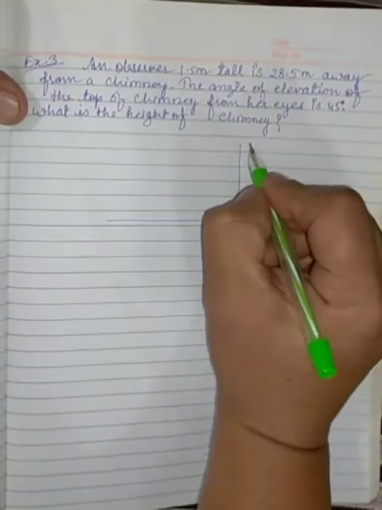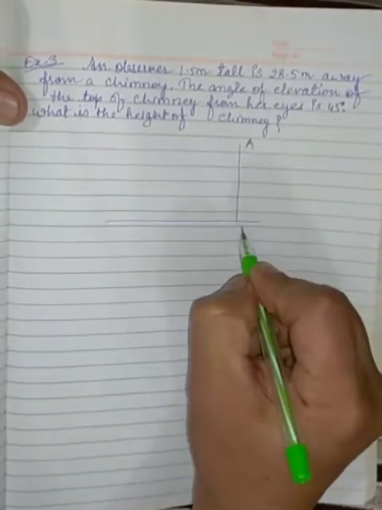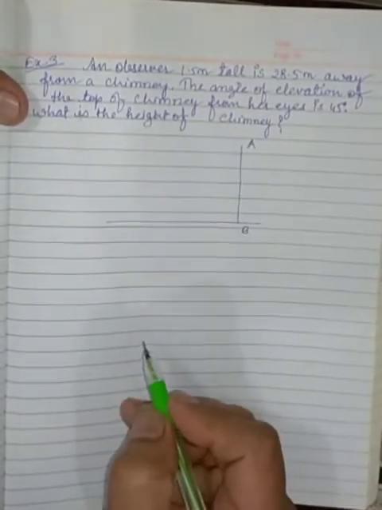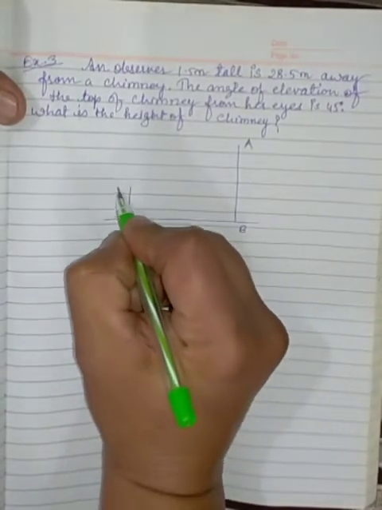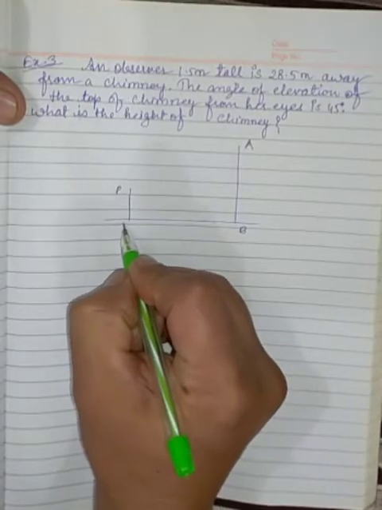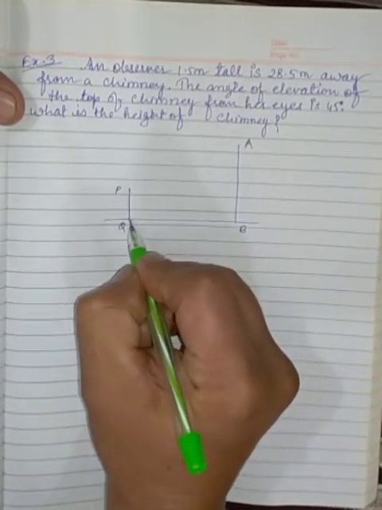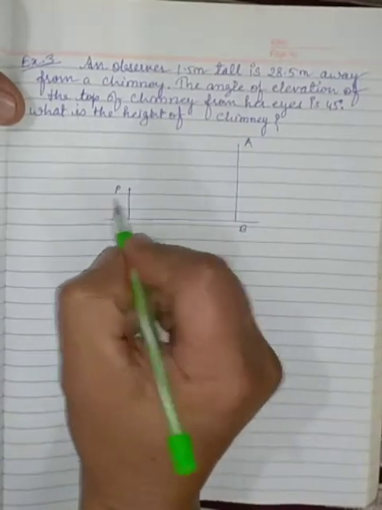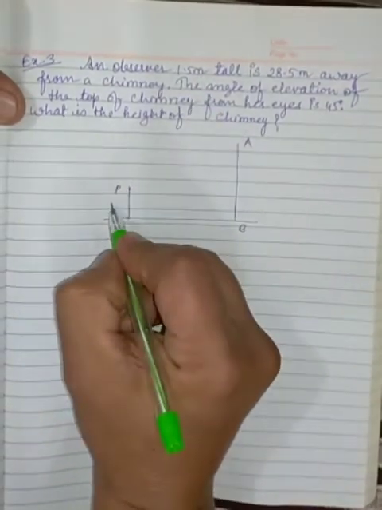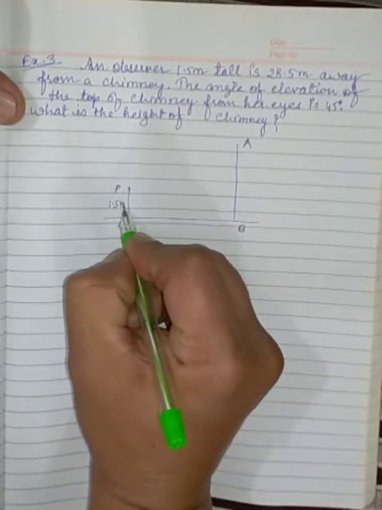We are given that there is a chimney, let it be AB. An observer, let the observer be PQ, and the height of the observer we are given 1.5 meter.